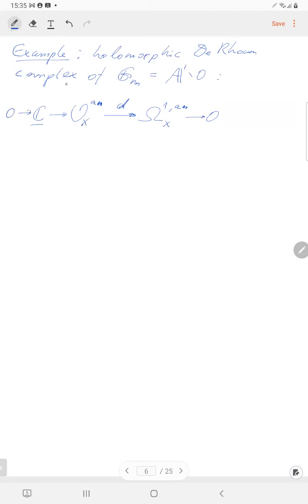Okay. And well, this is just the embedding of constant functions, or maybe locally constant functions, if you wish. So this is an exact sequence of sheaves, and here you have a global section. Excuse me, the naive image of C will be constant functions, but the real image with sheafification will be locally constant.